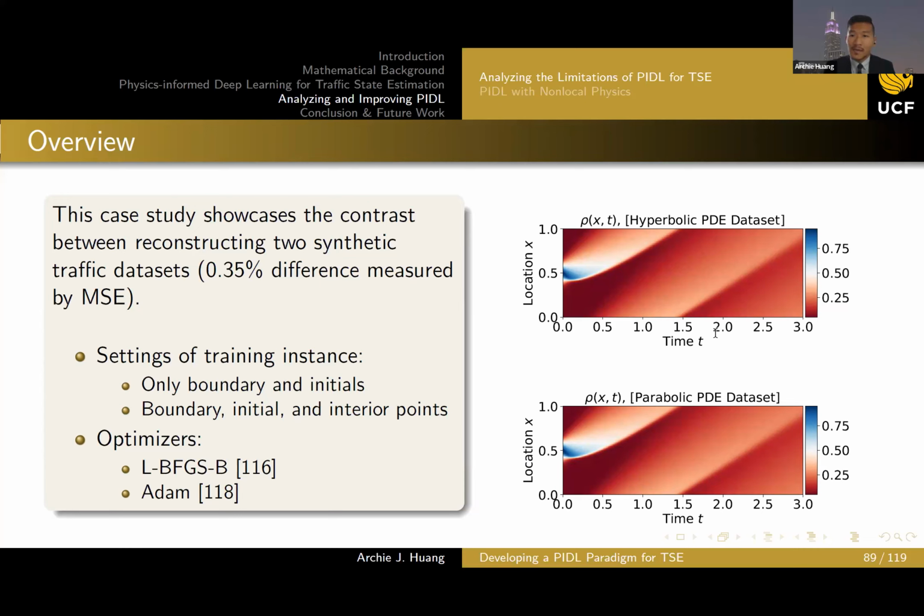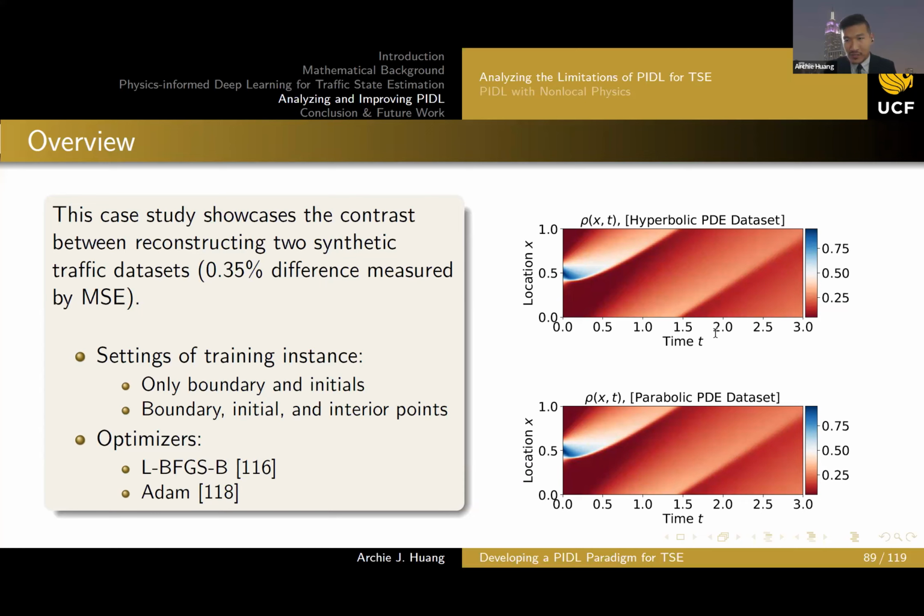And in the bottom, this is a data set that's configured with the parabolic version of the LWR equation. Because of the addition of the diffusion term, this PDE will have a strong solution.